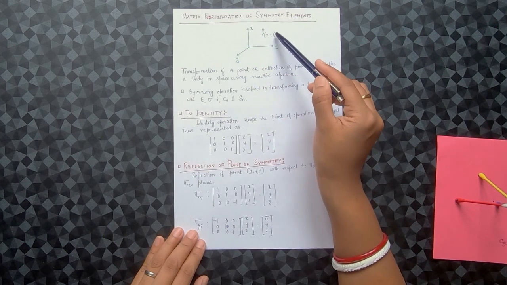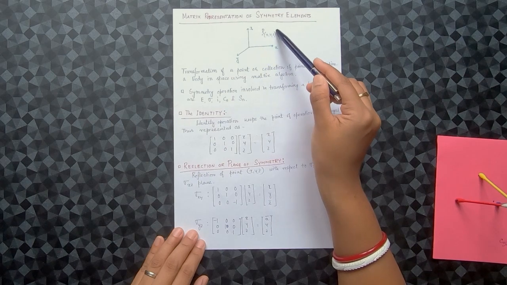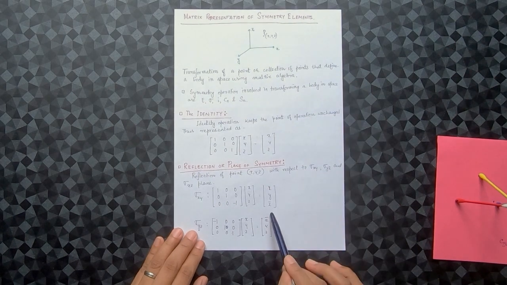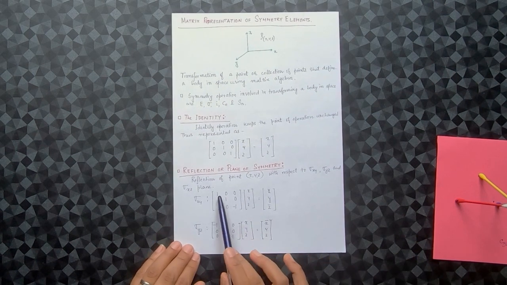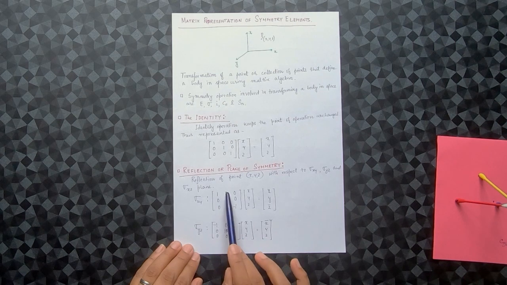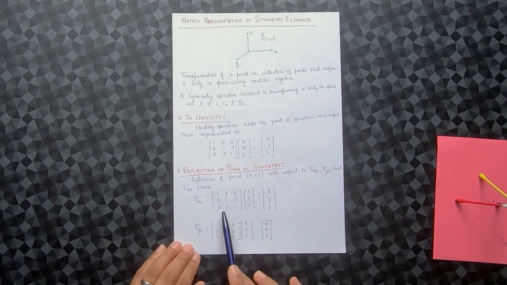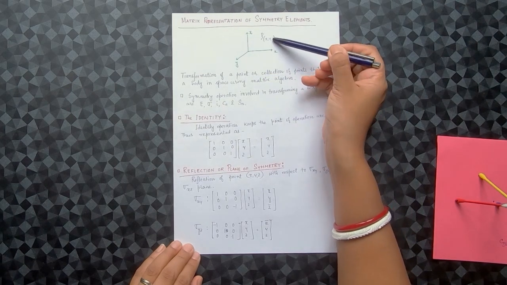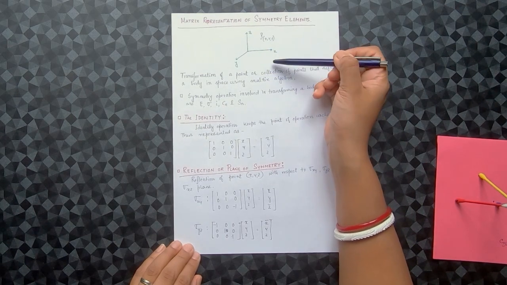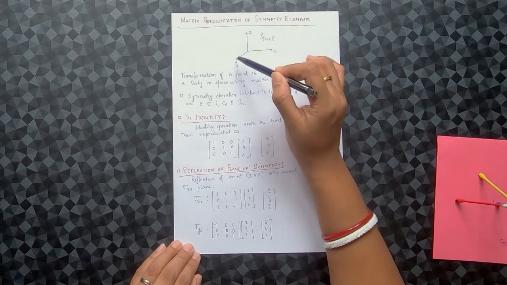So we get x, y but minus z, represented by z bar. To get this, we need the matrix 1 0 0, 0 1 0, 0 0 minus 1, because only the z coordinate is inverted with respect to xy.